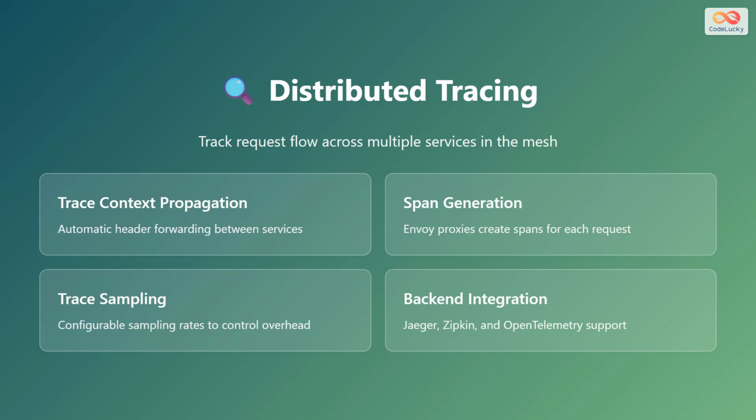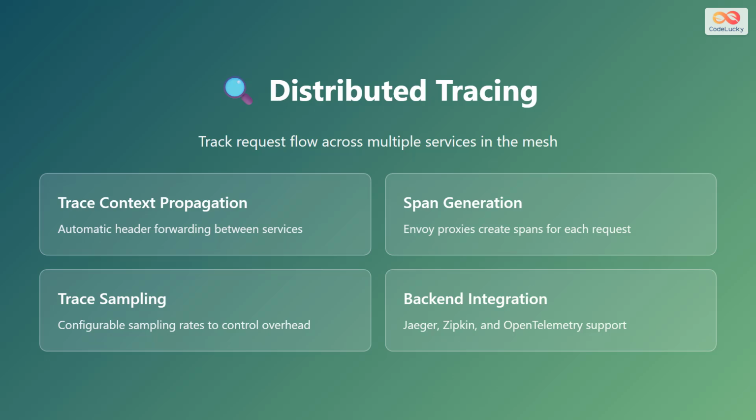Distributed tracing is essential for understanding how requests flow through your microservices architecture. Istio enables distributed tracing by leveraging Envoy proxies to track request flow across multiple services in the mesh. The key features include trace context propagation, where headers are automatically forwarded between services to maintain trace continuity.